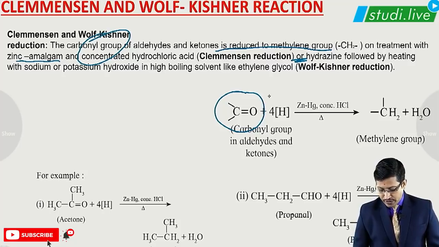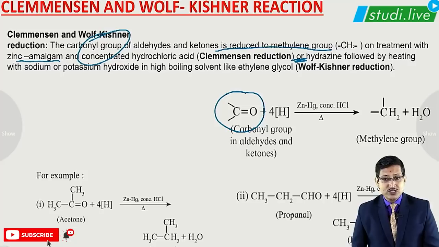So out of the 4 H, 2 hydrogen combine with carbon to give you CH2, and the remaining 2 hydrogen combine with oxygen to give you H2O. So this is the formation of the methylene group.